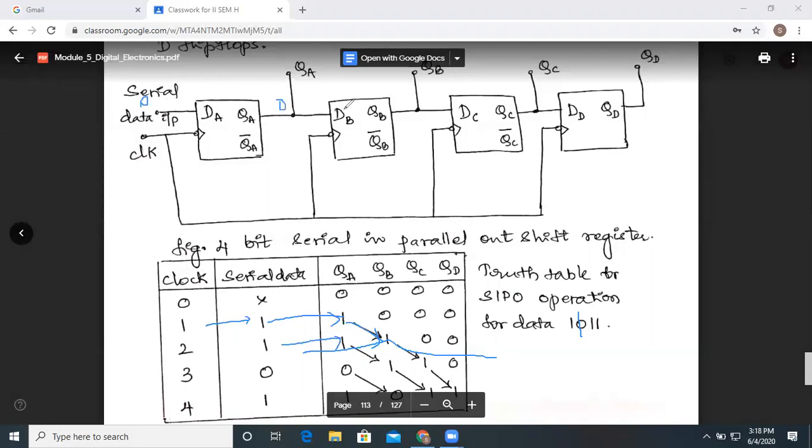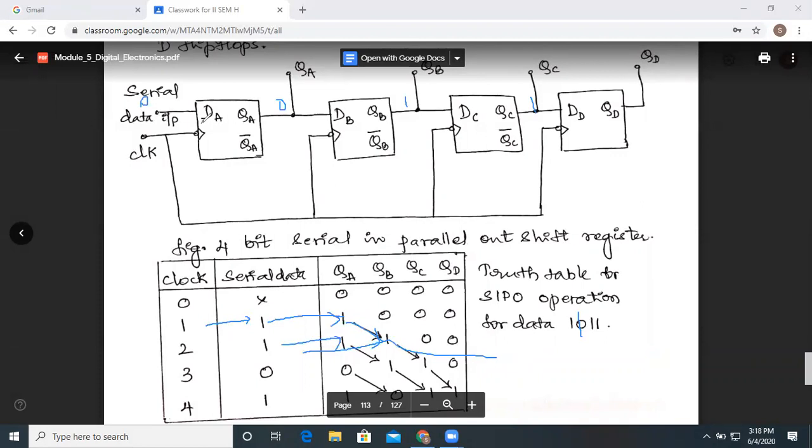Initially there was 1 over here, so that 1 will appear over here, and QB was also 1, that 1 will appear over here. So the outputs of these flip-flops will be QA equal to 0, QB equal to 1, QC equal to 1 and QD as 0. This is the output of the shift register after the application of 3 clock pulses.